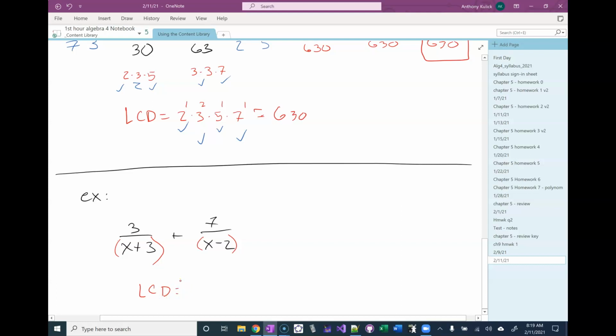So let's make our least common denominator. In this case, how many prime factors do I have? I have 2. I have the x plus 3 and the x minus 2.